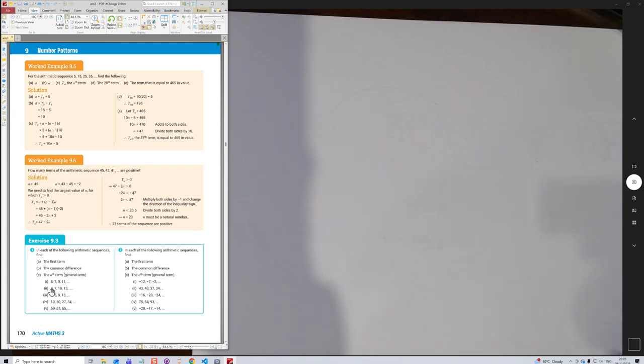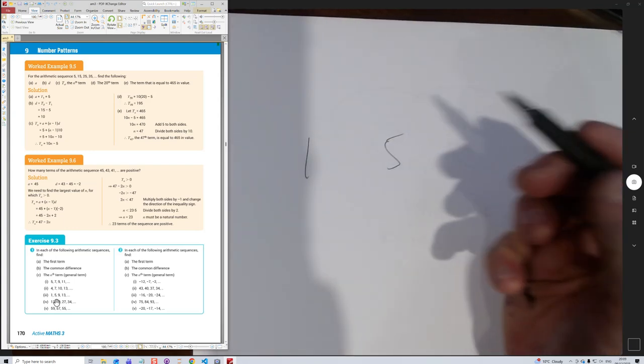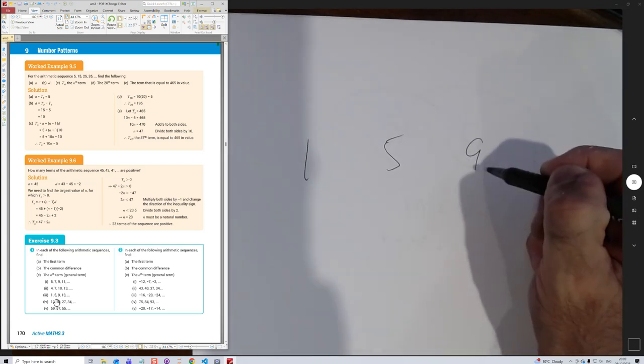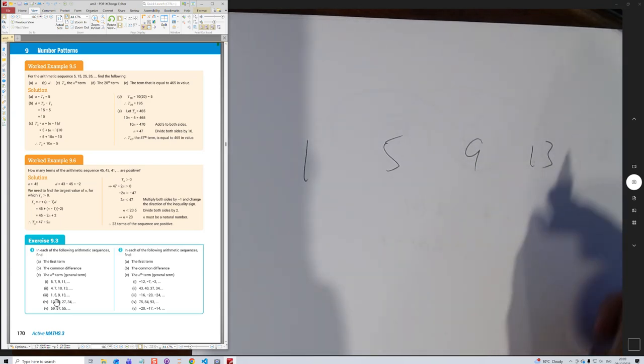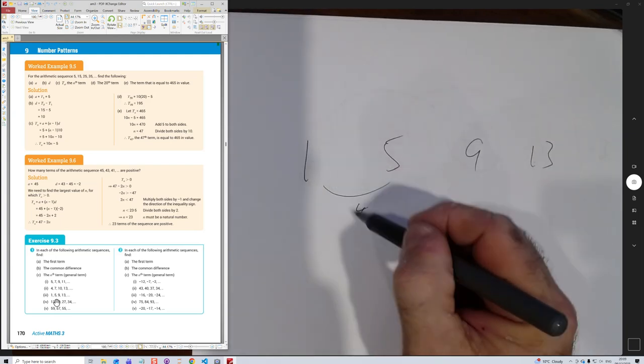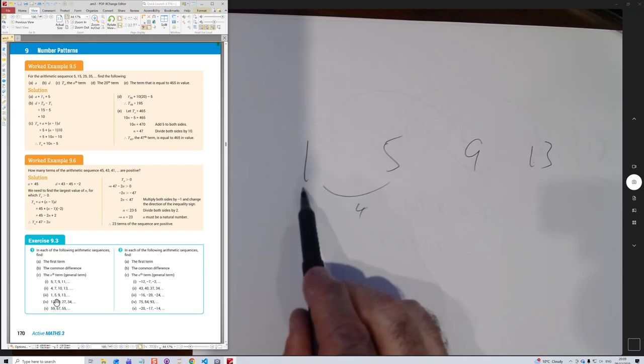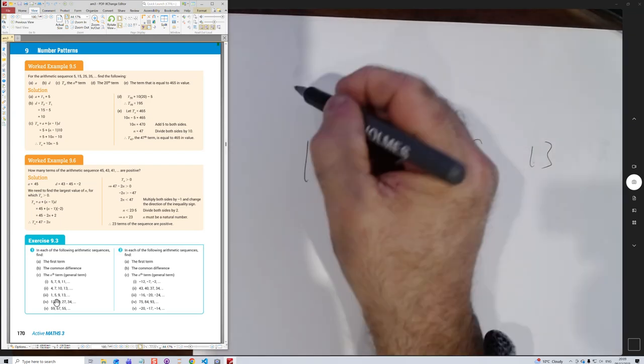Next sequence. 1, 5. Don't bother with commas. You don't need them if you leave a good space. Okay. So certainly I can see that it's 4, and certainly 1 take away 4 is negative 3. But double this, 2 take away 5 is negative 3 as well.